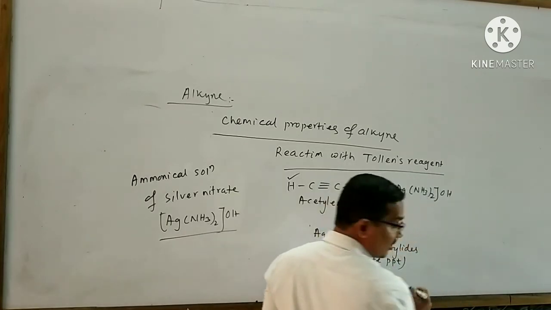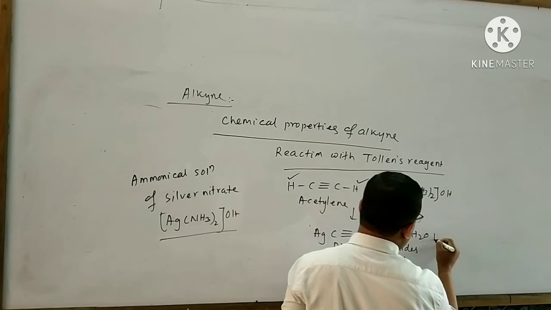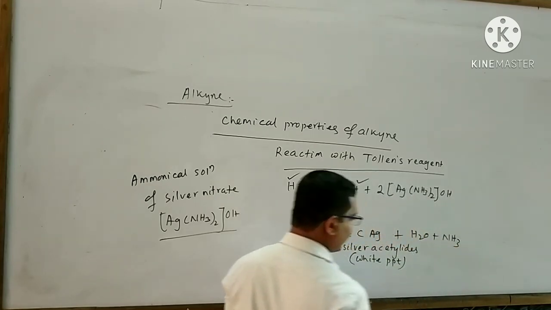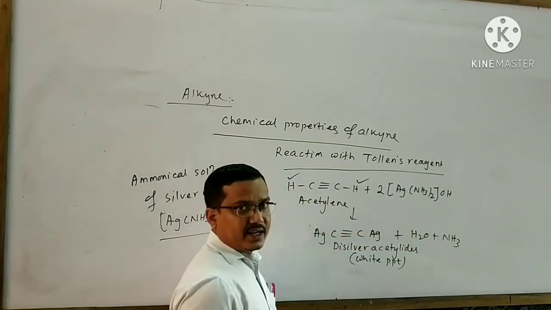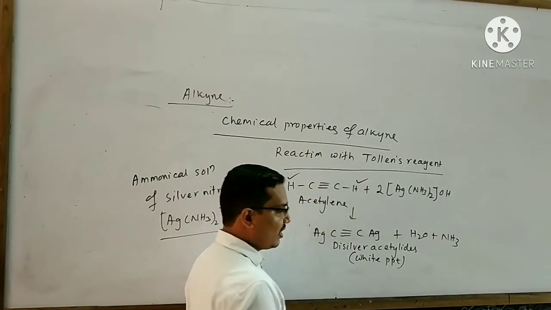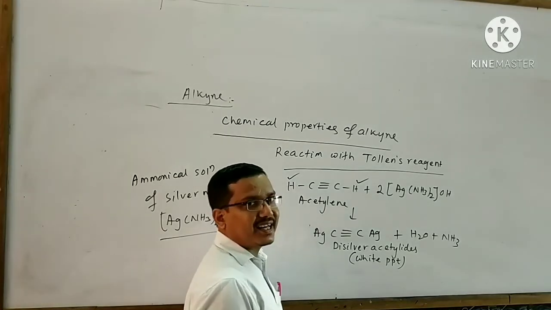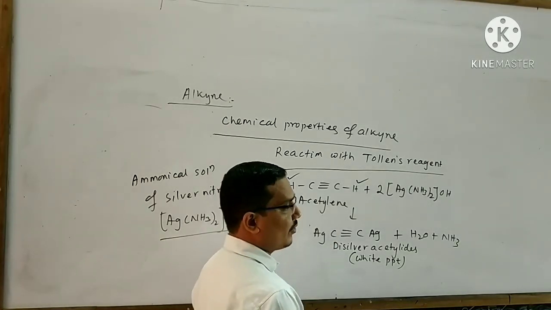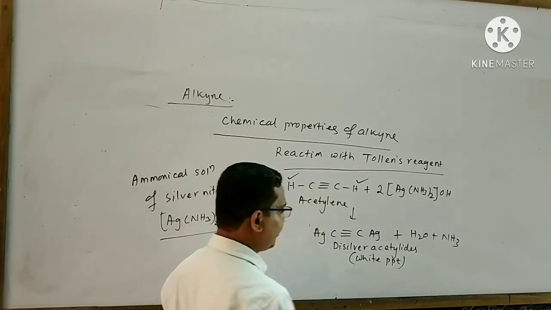Here the byproducts are water and NH3. I can write a statement for this reaction like this: acetylene reacts with Tollens reagent to form disilver acetylide, which is found in white precipitate form.